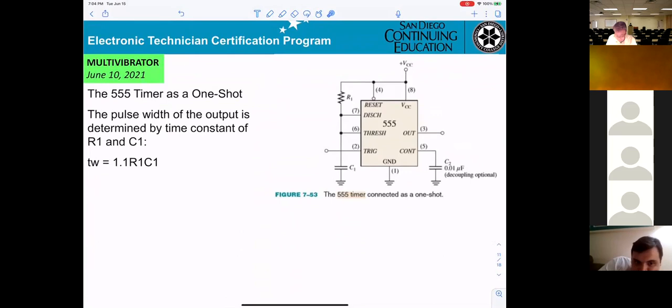Okay, you can say 555 timer connect as a one shot. If you connect circuitry 555 timer this way, so you are able to get the output to be a one shot.